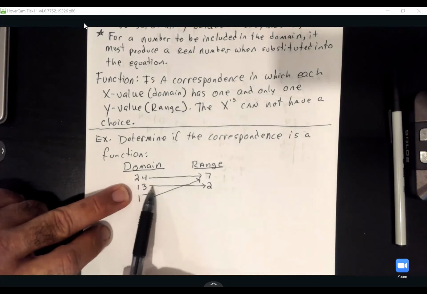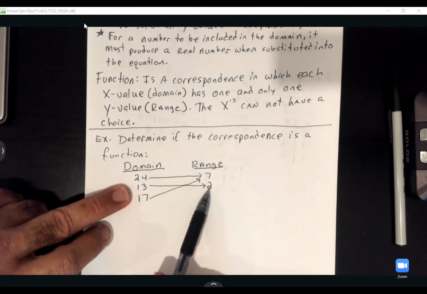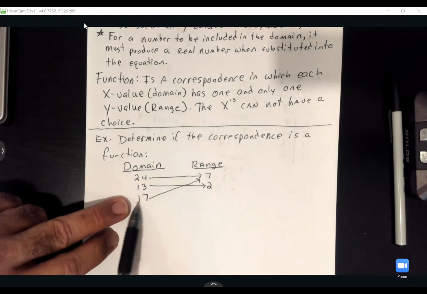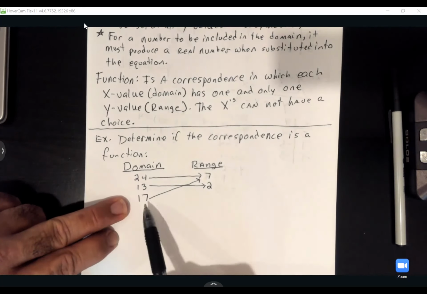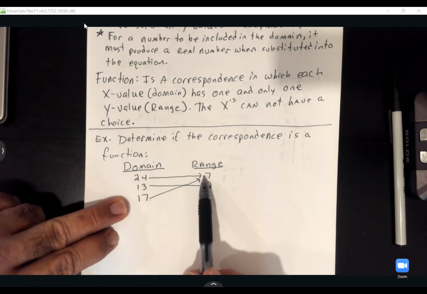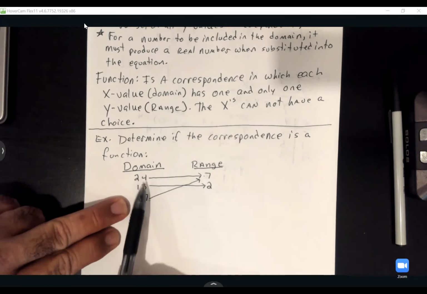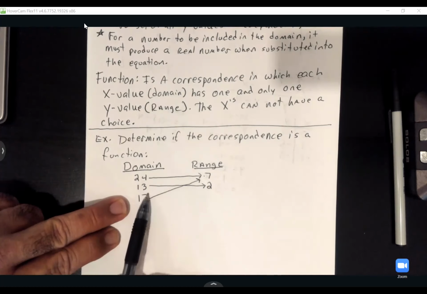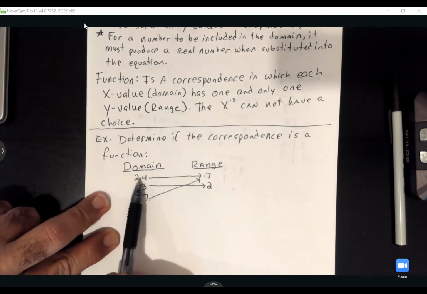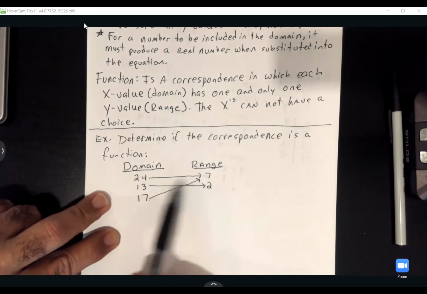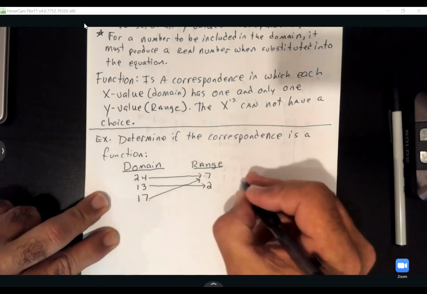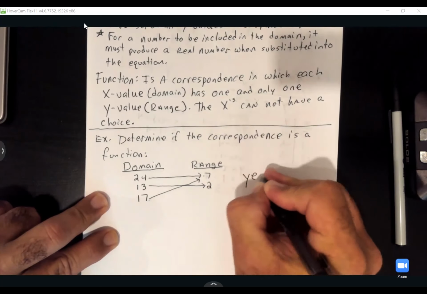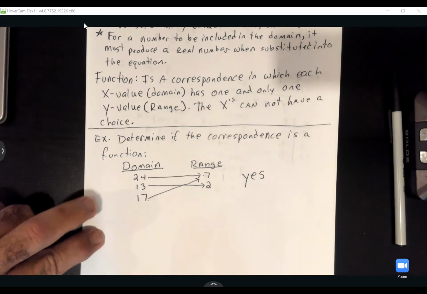The 13 only goes to one range value of 2. So the 13 is good. Now look at the 17. The 17 only points to one range value. So although I got 3 domains and 2 ranges, this is definitely a function because these x's don't have no choices. They've only got one y value. So on one like this, you're going to have to put yes.